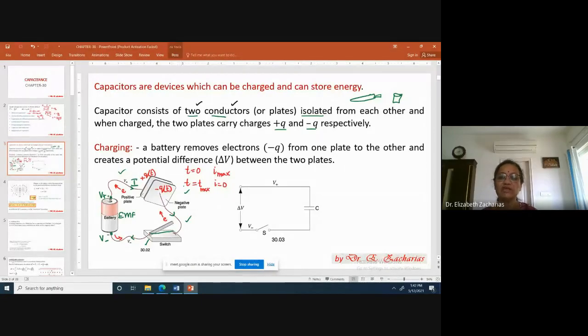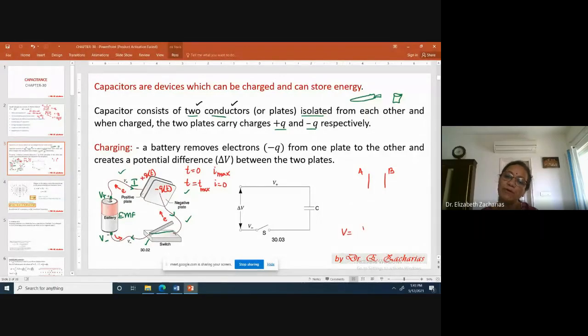Okay, and initially when the two plates are neutral, what is the potential of a neutral body? What is the expression for potential for a charge?